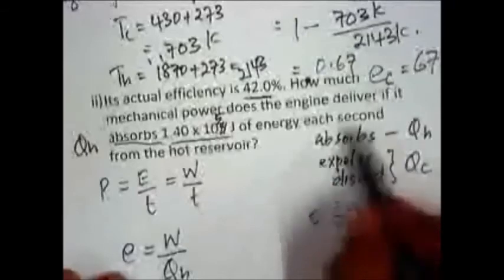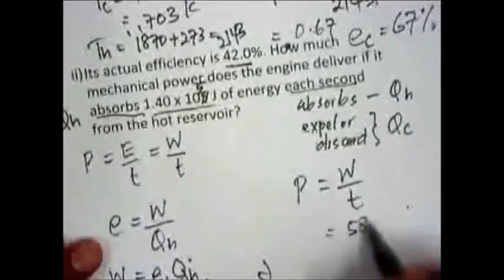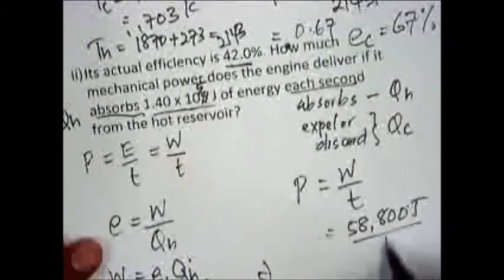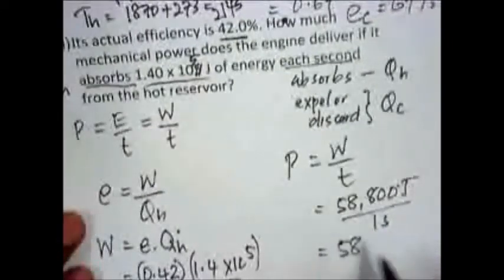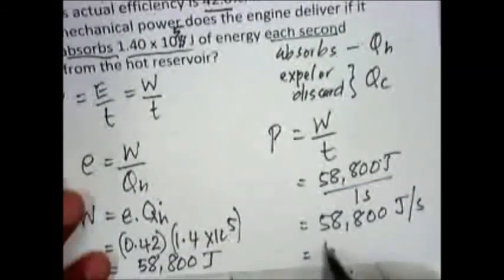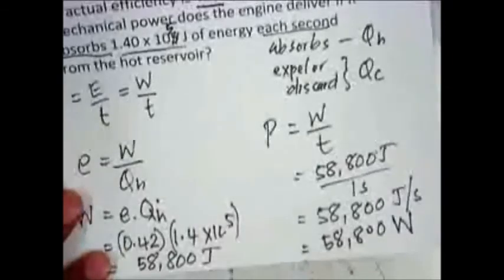The time it says for each second, so it will be 58,800 joules divided by 1 second. So your power is equal to 58,800 joules per second, or joules per second is also known as what we call watts. That's how you write your power, in watts.